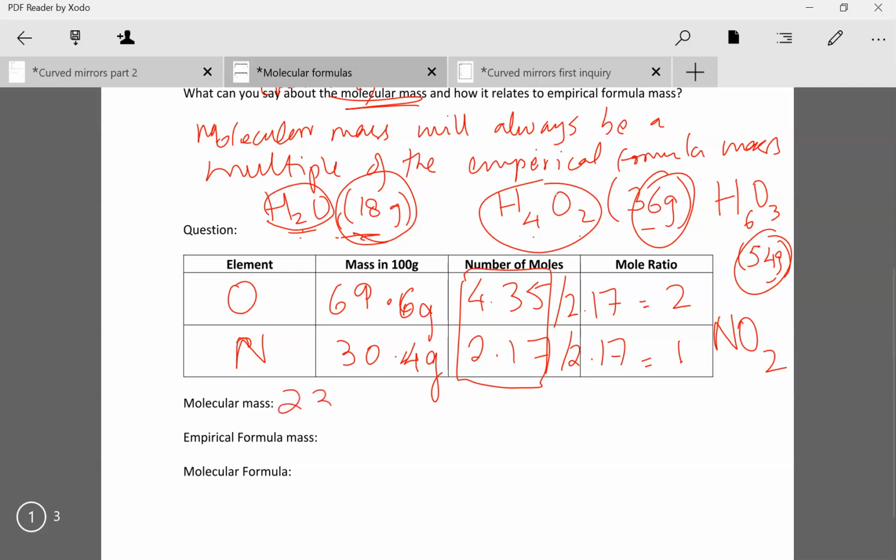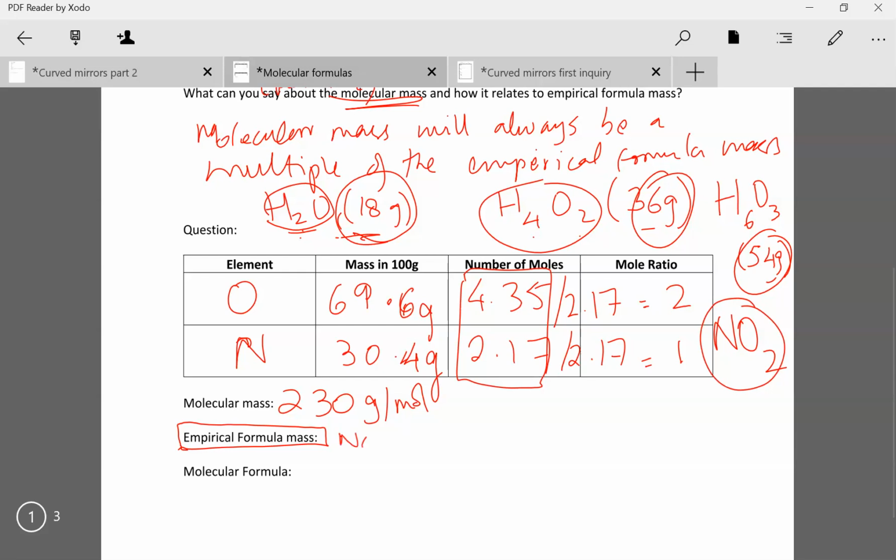So now, if I give you, for example, that the molecular mass of this compound is actually 230 grams per mole. Let's say I give that to you. That will be in the question. Now, your empirical formula mass is calculated just like you calculate molecular mass for the empirical formula.